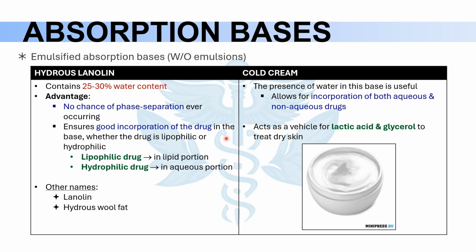And it also ensures good incorporation of the drug in the base, whether the drug is lipophilic or hydrophilic. Why? Because if our drug is lipophilic, it will reside in the lipid portion, and if it is hydrophilic, it will reside in the aqueous portion. Other names for hydrous lanolin are simply lanolin or hydrous wool fat.